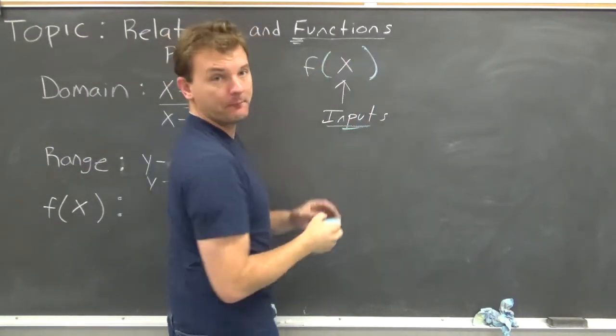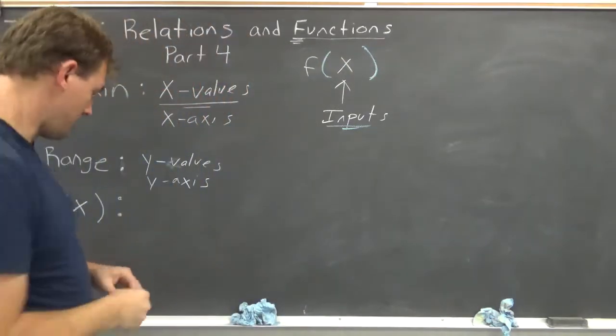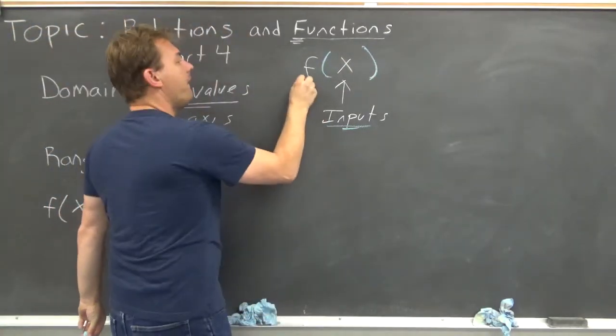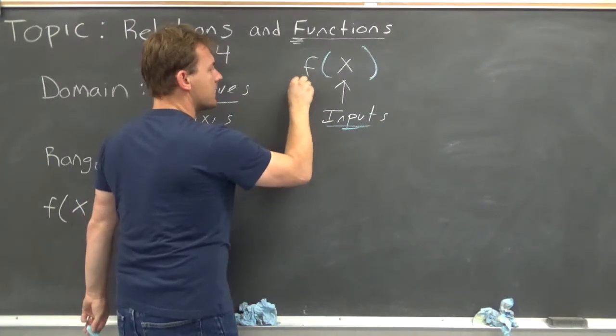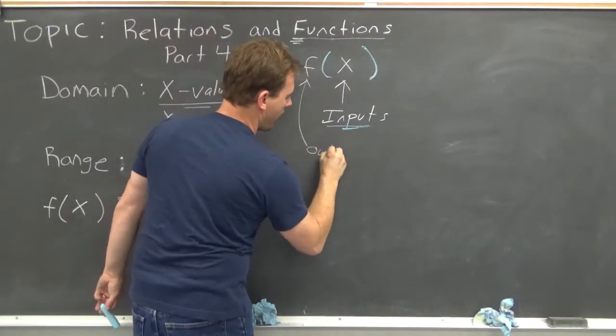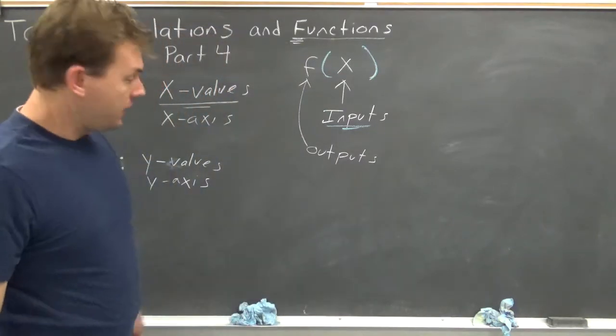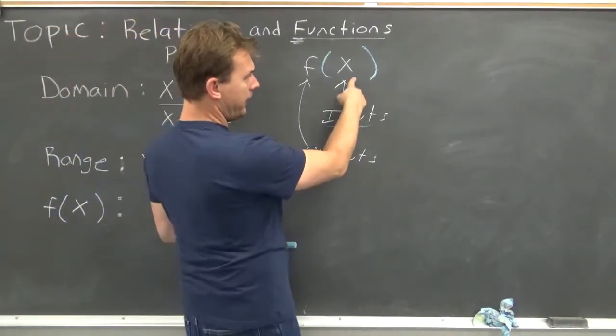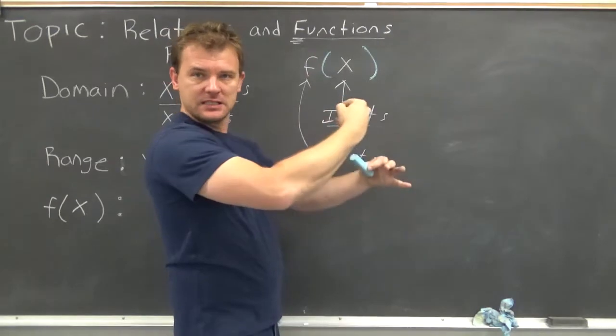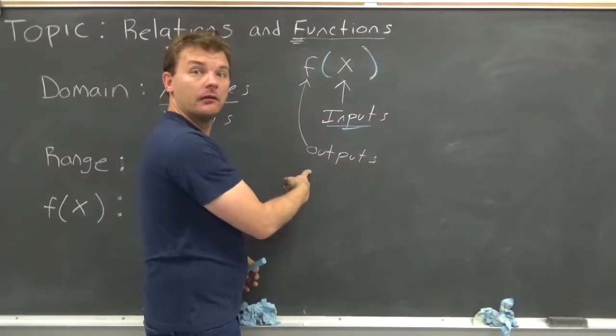These are all of our inputs. This here is what we call our outputs. So if we put an input in here, something happens and we get an output.